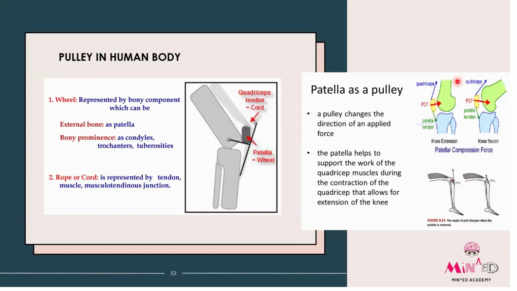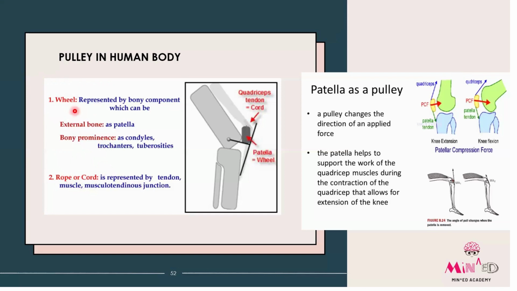Now, pulley in the human body. See this, I made 2 slides for this because it's a very important question. It also comes in university exams. Okay, so in the human body, mostly we see that the patella acts as a pulley. How? As we know, a pulley has a wheel, rope, or cord.